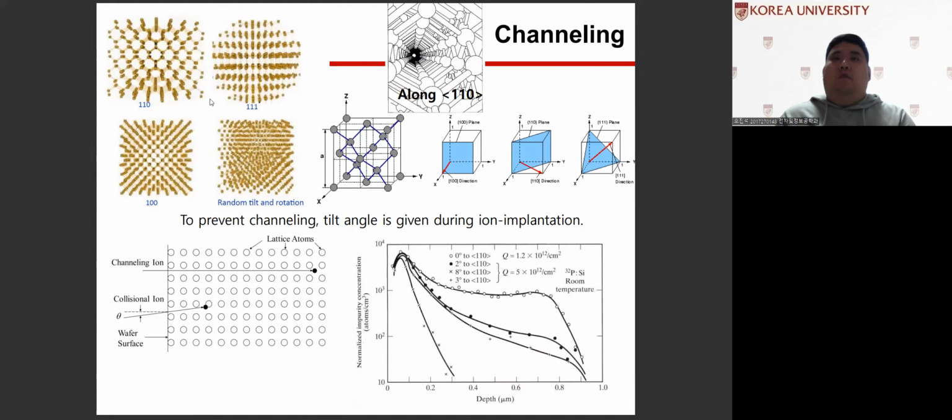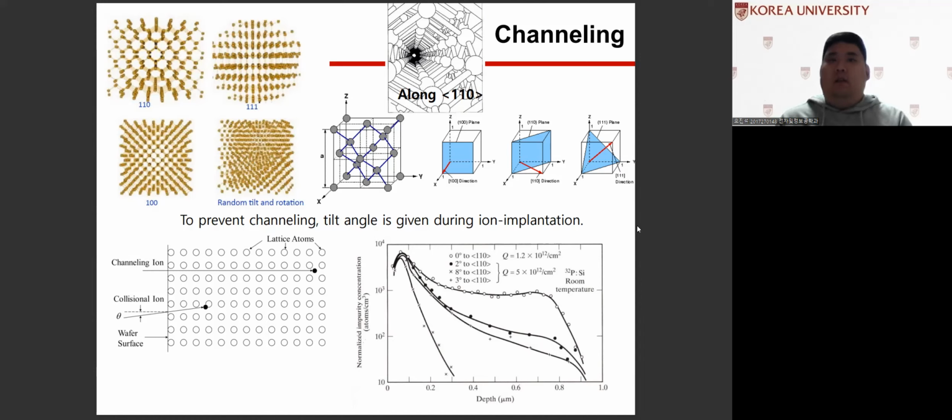As I told you before, some ions can be channeled deeply through the atoms. This is because of the crystalline structure of the crystals. By tilting the substrate, we can make this channeling effect less.